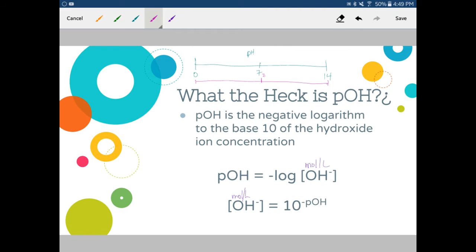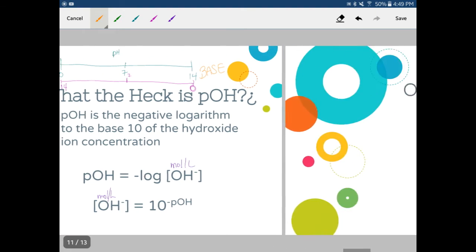Neutral is still 7. But the pOH of a very, very basic substance is 0, and the pOH of a very acidic substance is 14. So this is an acid over here, and this is a base over here. A base has a high pH but a low pOH, and an acid has a low pH but a high pOH. So essentially the scale is just inversed.